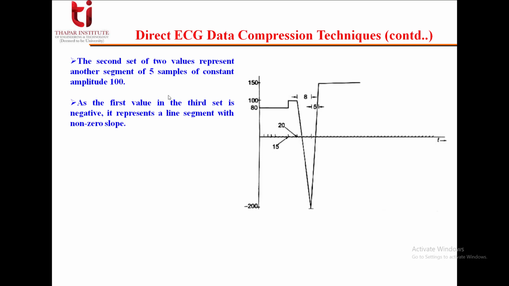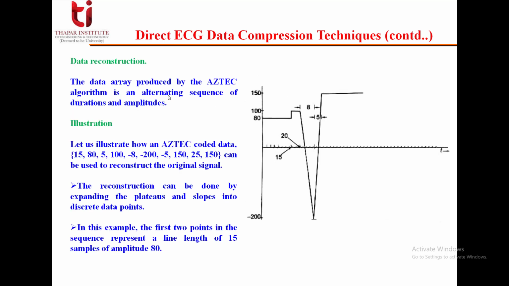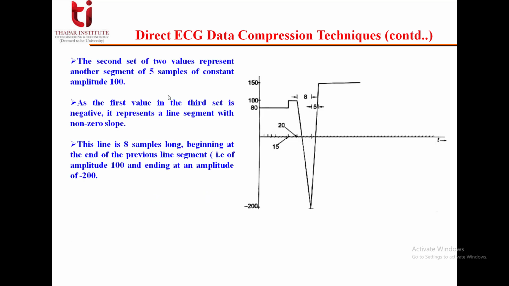Now the third value, if you see, is negative. It is -8 and then it is -200. This -8 represents a line segment with non-zero slope. There is no zero slope here, so the negative length indicates a slope, not a plateau. This line is 8 samples long.